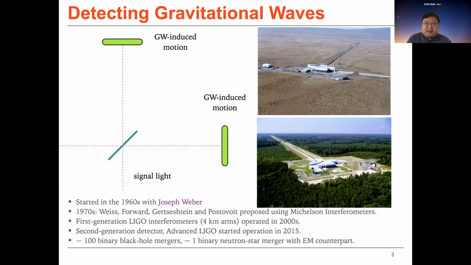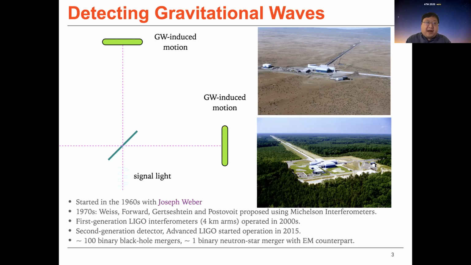In this picture, I'm showing the LIGO detectors, which are 4-kilometer interferometers that started operating 20 years ago, in 2000. The first science run for the LIGO detectors was when I was a graduate student, around 2003, I think. But it was the second generation of detectors that actually made the first detection in 2015.